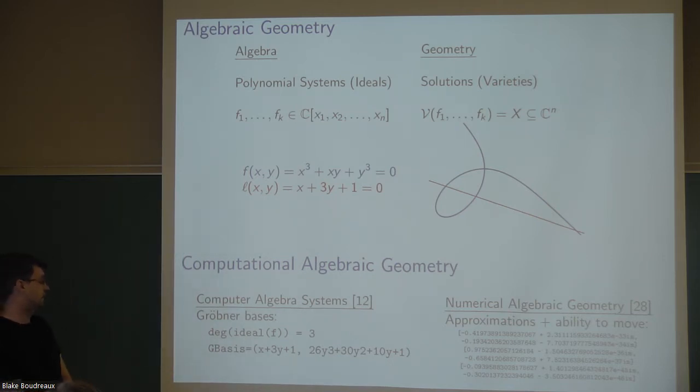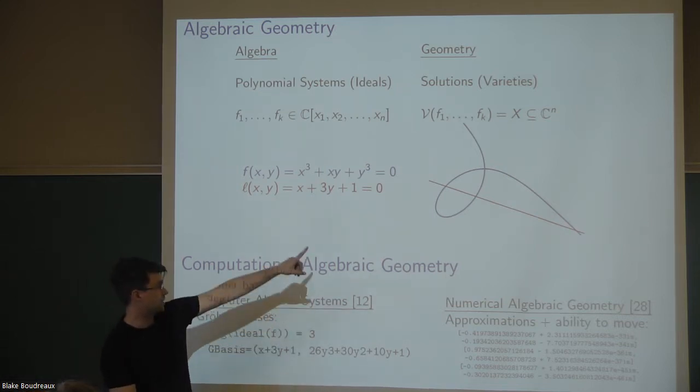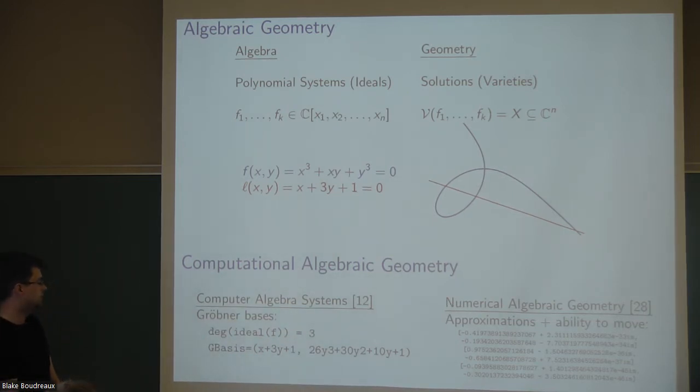So if I used a computer algebra system, the best thing I could hope for to understand the ideal generated by f and L would be a Gröbner basis. In this case, I've written the ideal just generated by f, and I've taken its degree. Its degree is 3, which is the same thing as the degree of this polynomial in this case. But the actual definition of degree I'll be using for today is the number of intersection points of the zero set of f with a generic line.